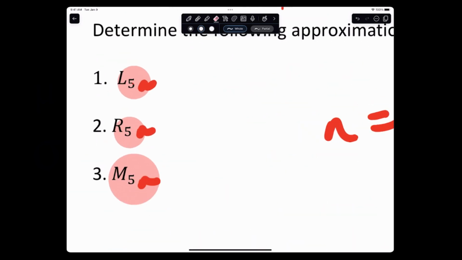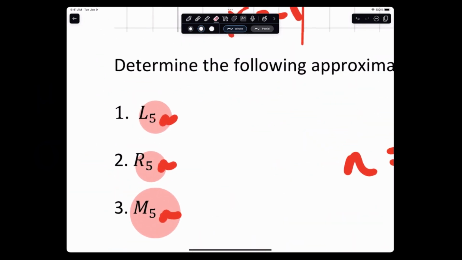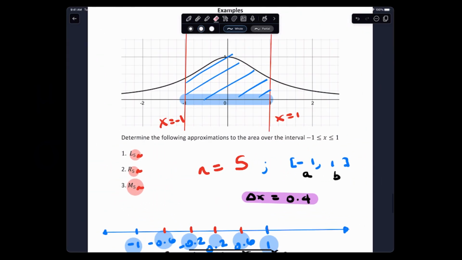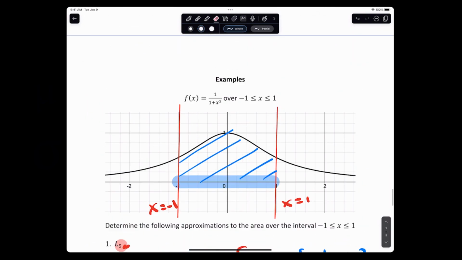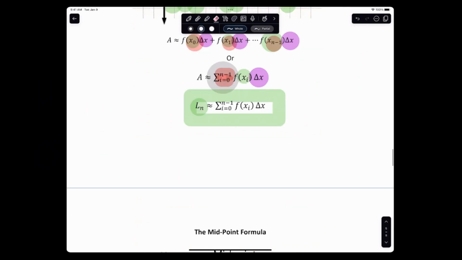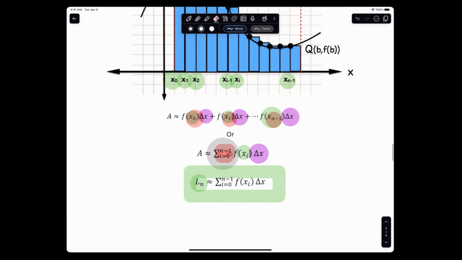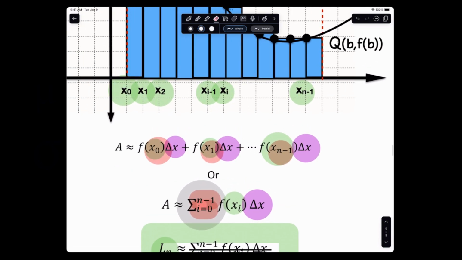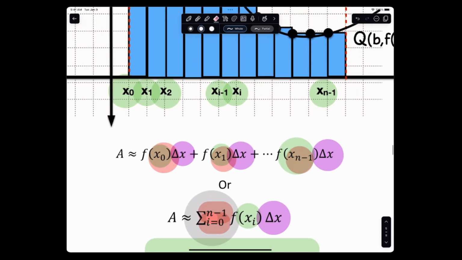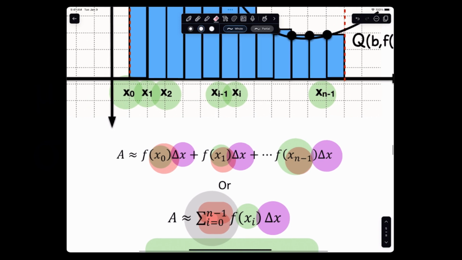Now, what's your definition of L5? Go back up here. Look at the values you have for L5. Where do you start? X naught. X naught is your A value in the interval, so you start at that A value.